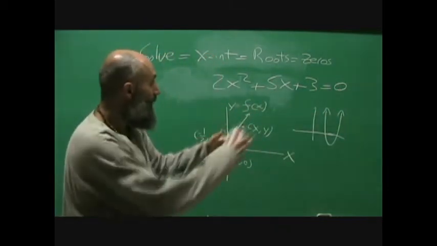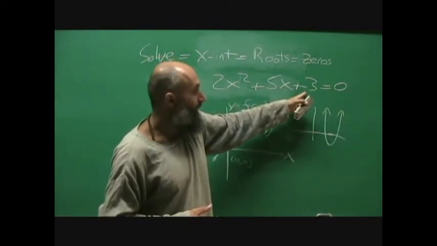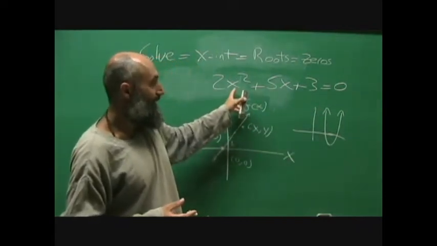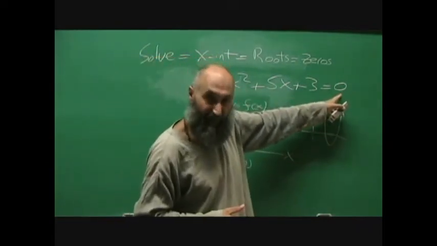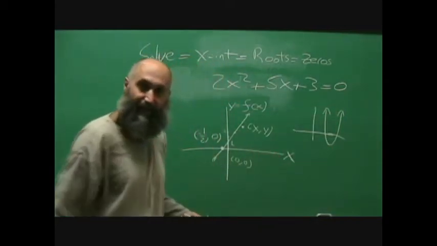Okay. So what they would do is say, solve this equation, and what you're doing is trying to find out what x is when the function is equal to 0. So when you're crossing the x-axis.